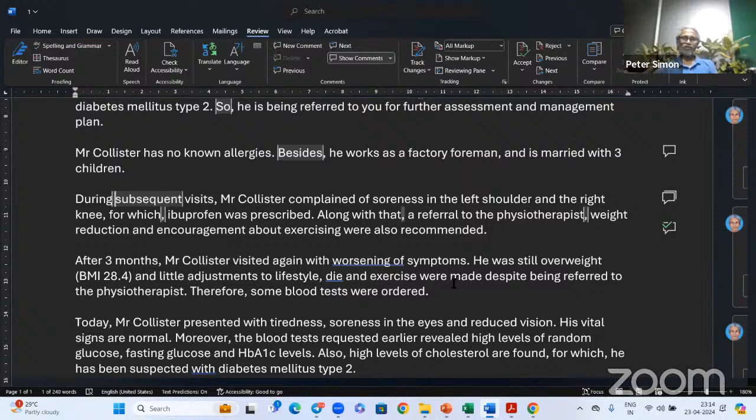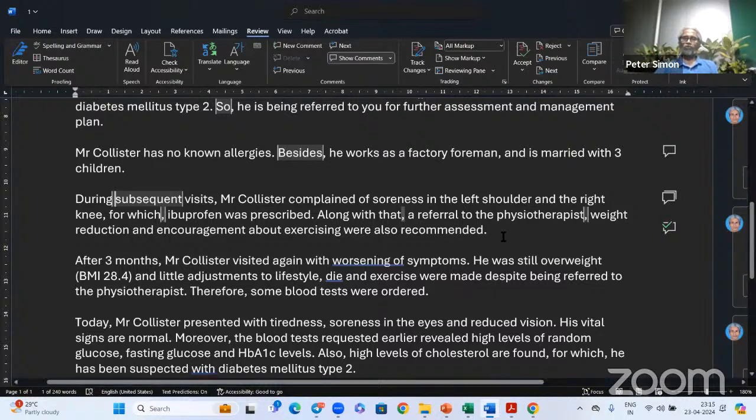I'm not correcting this one because this is correct only. That is an improvement. Along with that, a colon means two dots. So two dots.